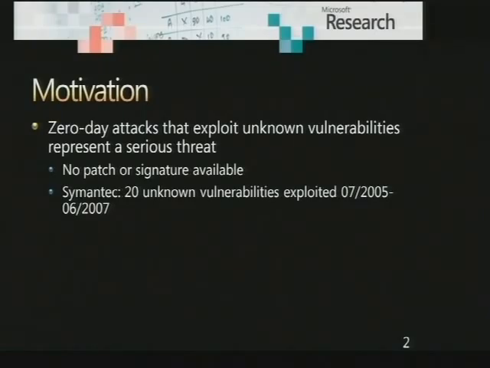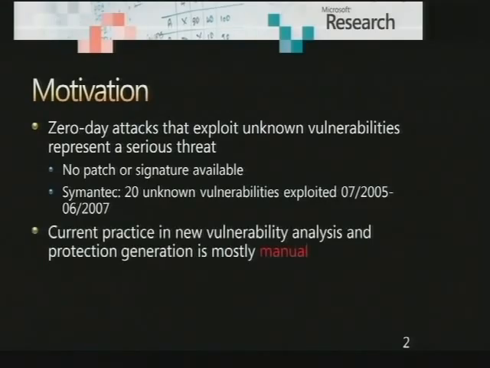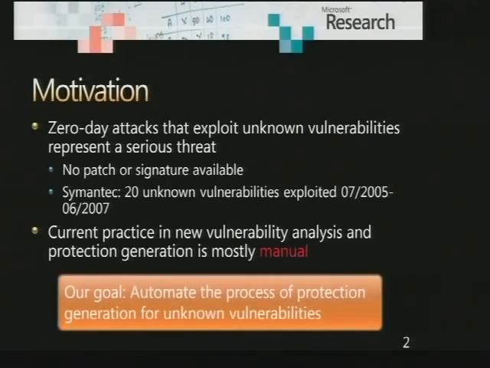It's a serious problem, however current practice in new vulnerability analysis and protection generation is mostly done manually. The attack is out there, but we need to take a lot of time to manually analyze it, which is really not a good idea. So our goal in this work is to automate the process of protection generation for unknown vulnerabilities.